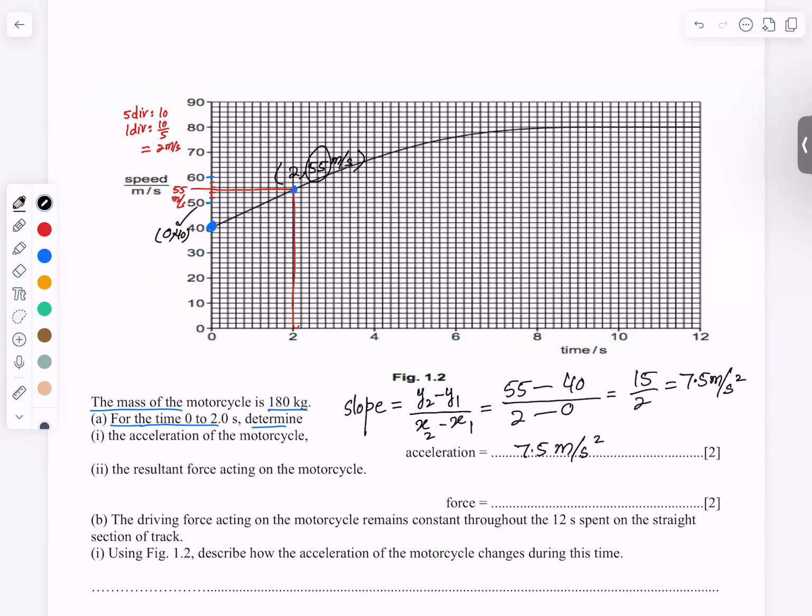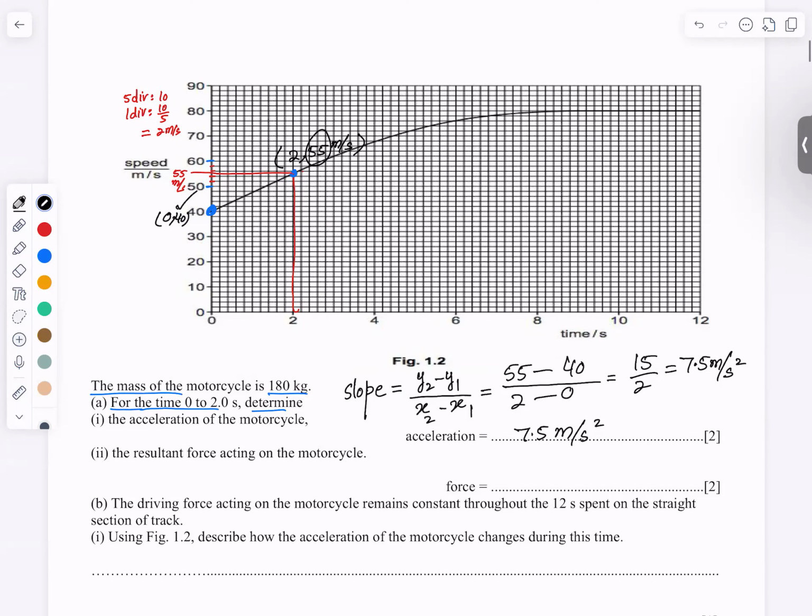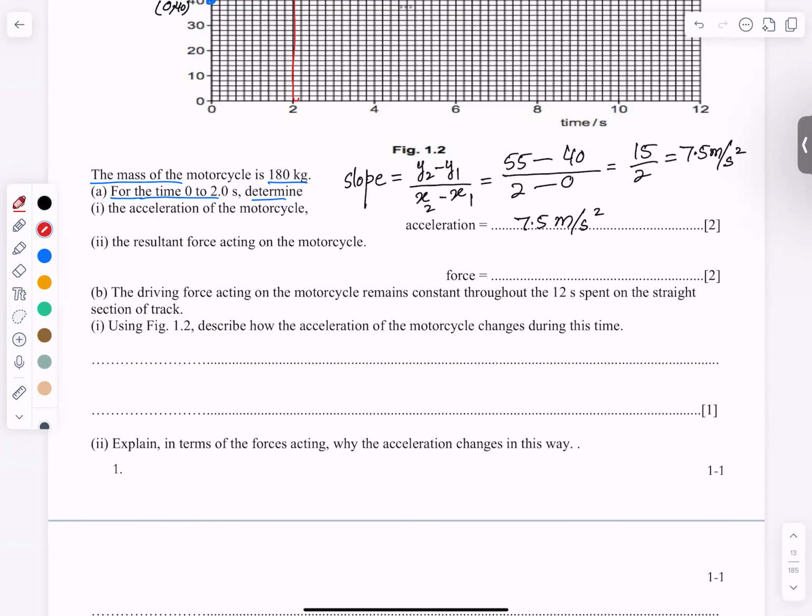If the unit is not given, then you have to write it by yourself. If you miss a unit, you're going to lose 1 mark. So while writing your answers, units are compulsory. If a unit is missing, you're supposed to write that. Now, the second part of the question, the resultant force acting on the motorcycle. You have acceleration, you have mass.